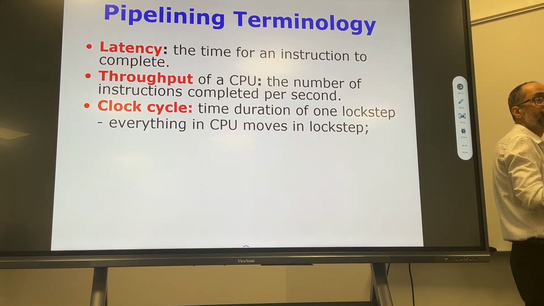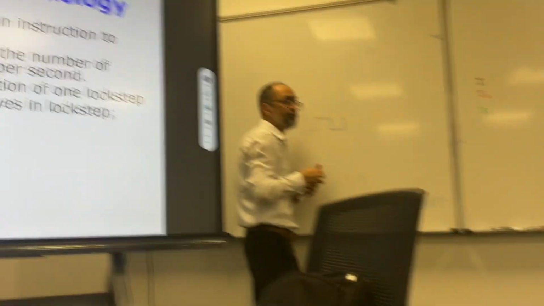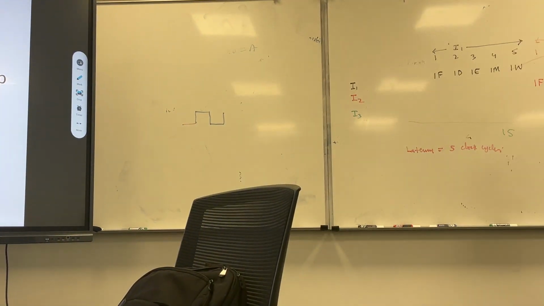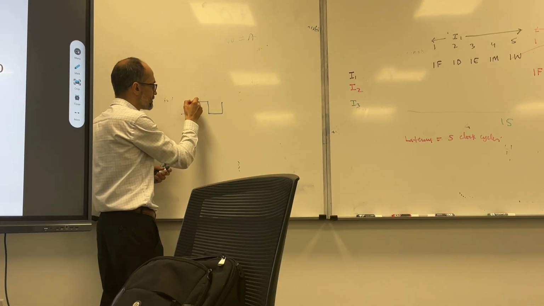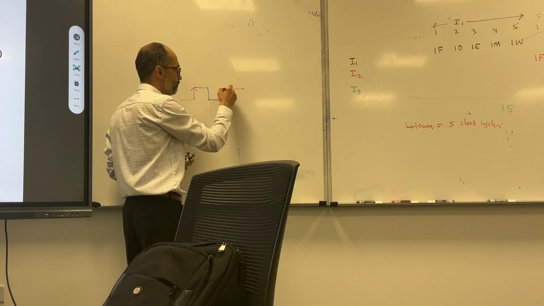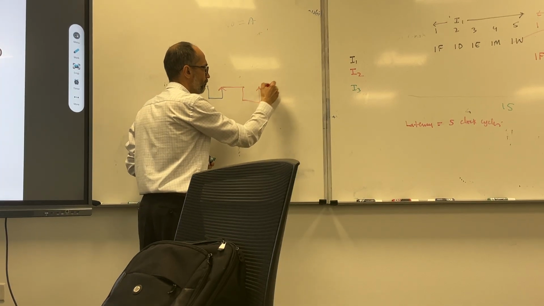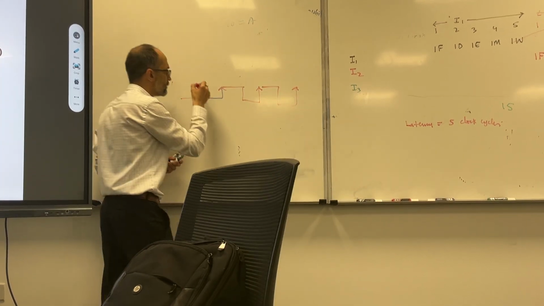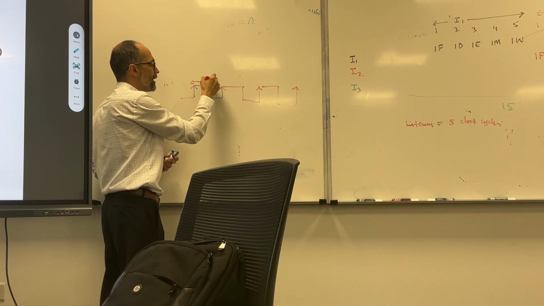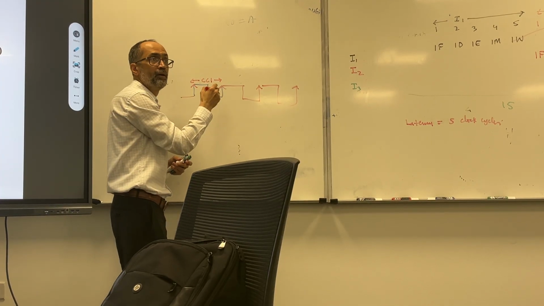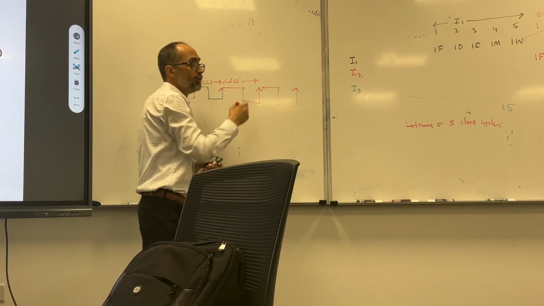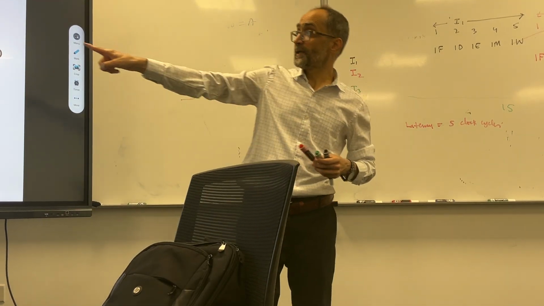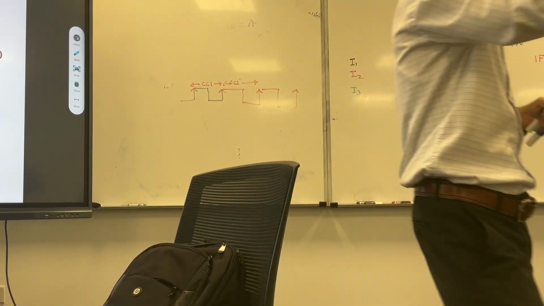In digital system design, we have flip-flops, which can be rising edge or falling edge. So this is clock cycle 1, and then clock cycle 2. The clock cycle is the duration of one clock period.